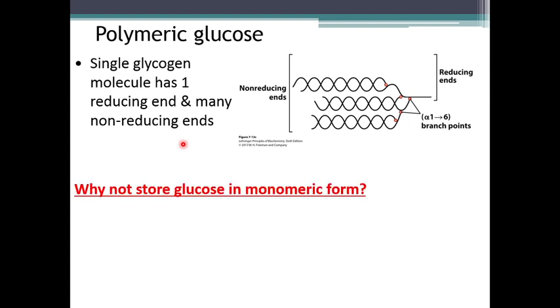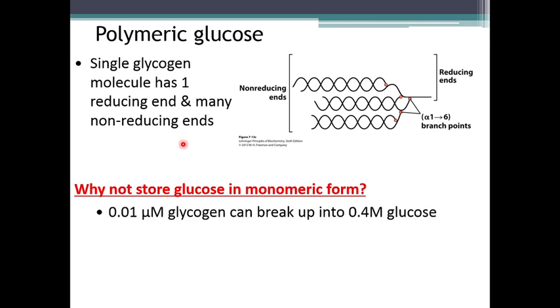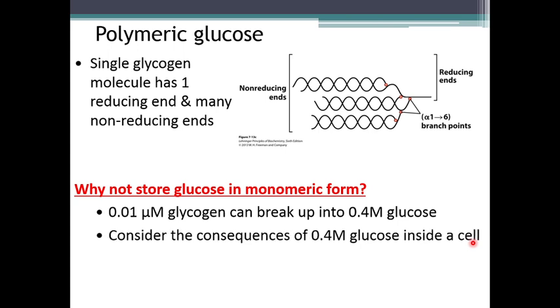Why can't glucose be stored in monomeric form? It is believed, and there is scientific evidence stating, that about 0.01 micromolar or 10 nanomolar of glycogen can break up into 400 millimolar glucose. That's a lot of glucose.